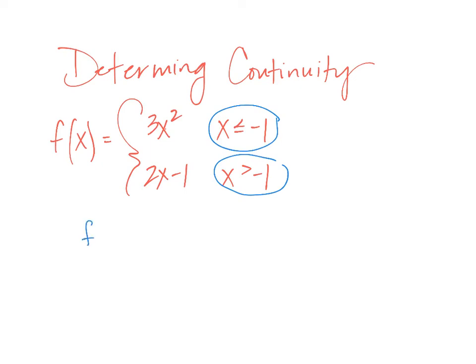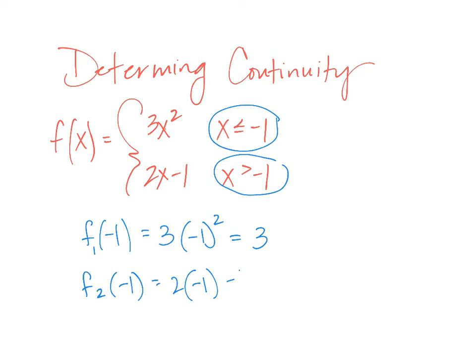So I'll evaluate each function. I'll call this f of 1, do 3 times -1 squared. Careful to remember here that -1 squared is +1, so that gives me +3. And f of 2 at -1 would be 2 times -1 minus 1, which is -3.